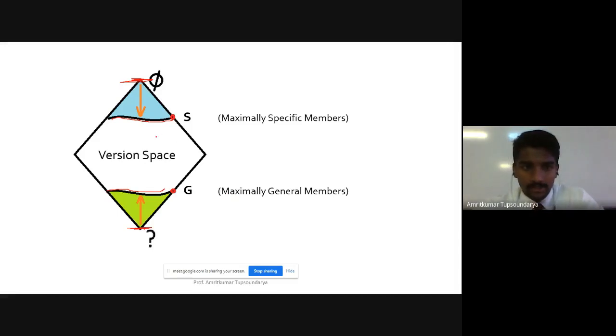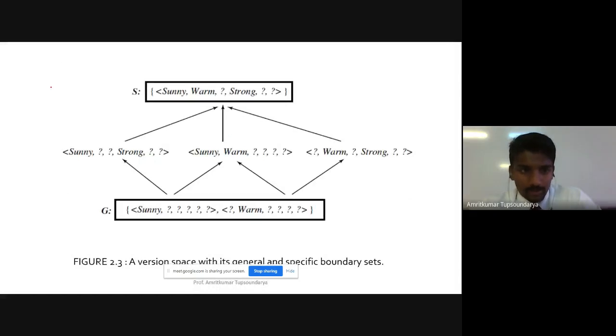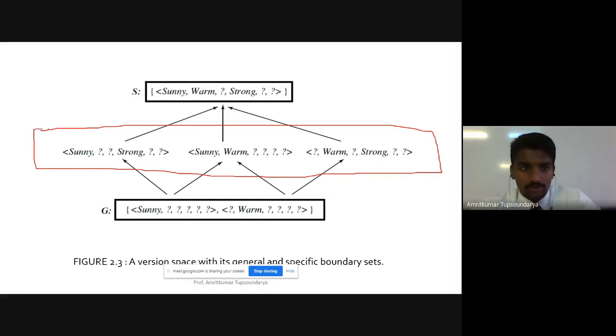And inside this boundary, the set of hypotheses is our version space. So we saw an example of what can be a version space. This was our version space that we got, right? This is our most specific hypothesis. This is our most general hypothesis, and we have our version space here in between.